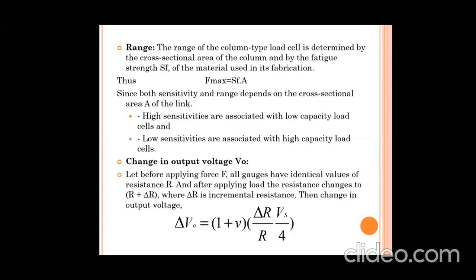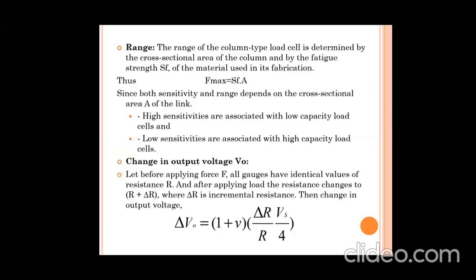But if you apply force, F is applied to the bridge, then what happens? It will change the resistance of the bridge. As the resistance of the bridge gets changed, that affects the change in output voltage, because your bridge becomes unbalanced. So the current flowing through all the branches is not the same, it is different. So your output voltage will change, and the change in output voltage is given by this formula.